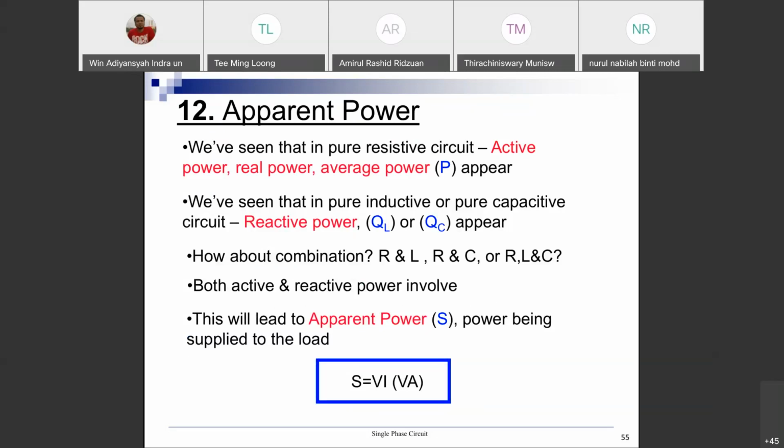Average power is basically maximum power divided by square root 2. Reactive power is due to the inductor and capacitor. And then apparent power is supplied to the load, withdrawn by the load.